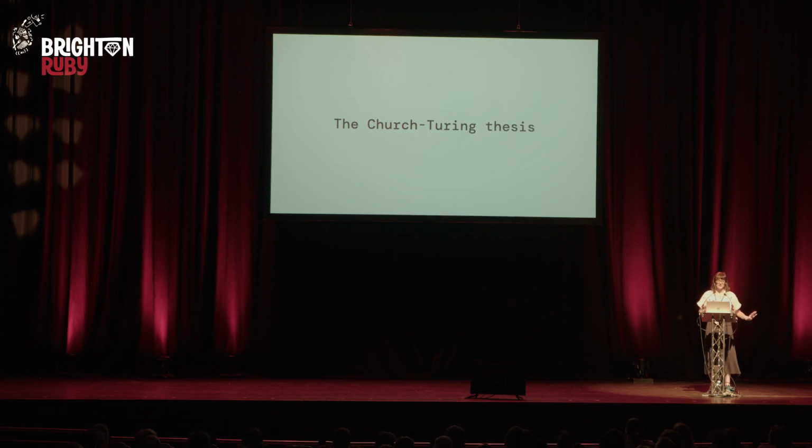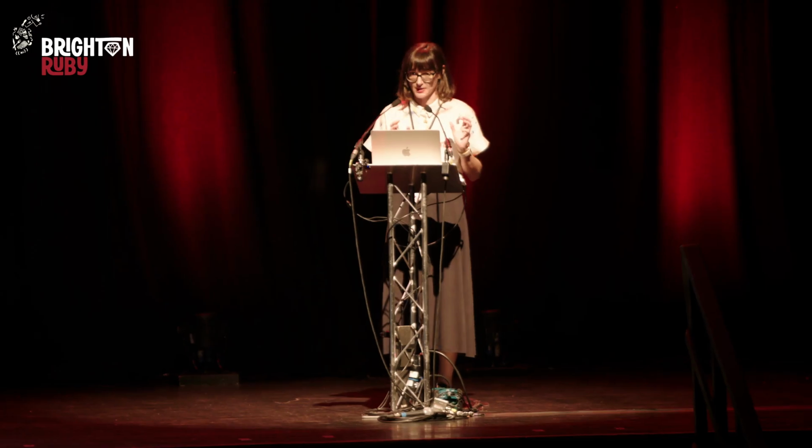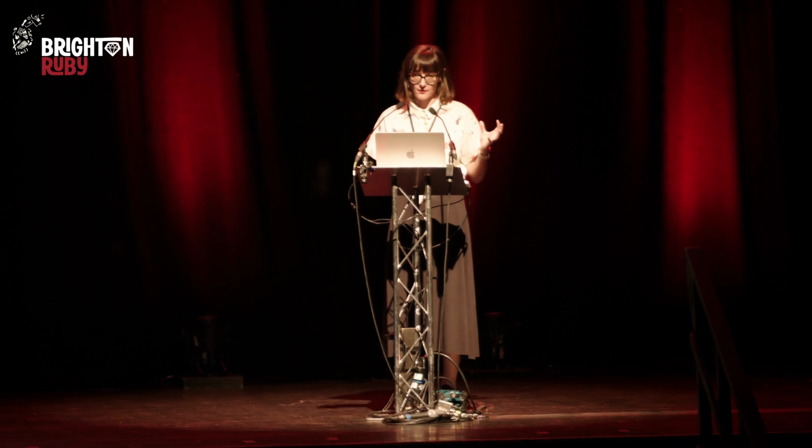Okay, so now let's go back a little to the Church-Turing thesis. Remember, this thesis says that the set of problems that Turing machines can solve is equivalent to the set of problems we can solve with our computers now. It's the same. So you might be wondering, what's that Church there?